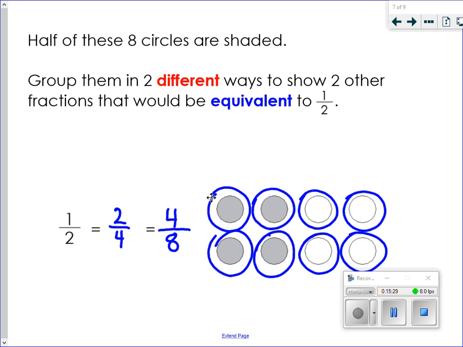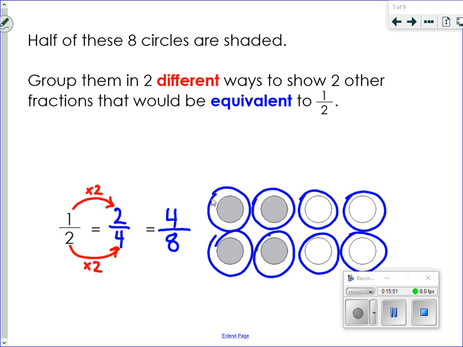Okay, let's just check using multiplication to make sure that 2 fourths and 4 eighths are actually equivalent to 1/2. So what have I multiplied my numerator by? 1 times 2, right, gives me 2. Did I do the same in the denominator? 2 times 2 equals 4. Yes, I did. Okay, so now let's check and see.